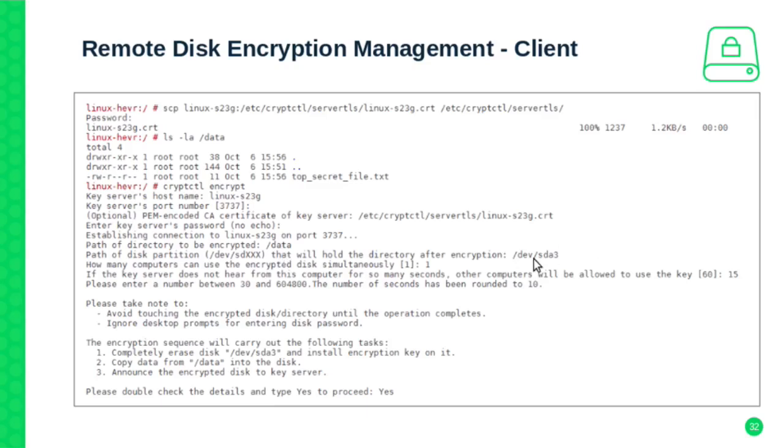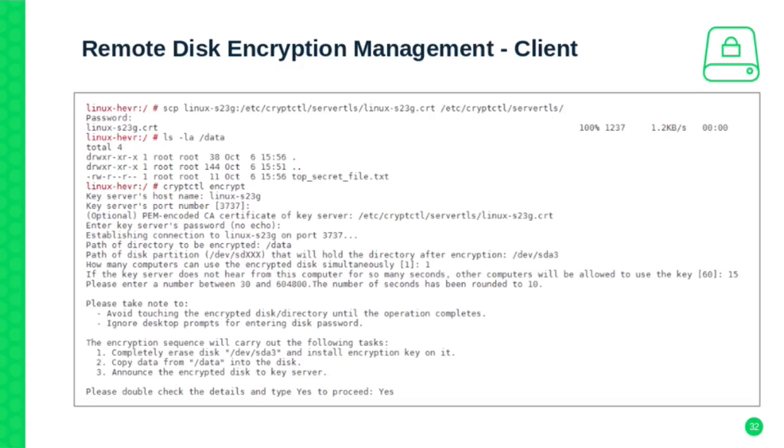I need to provide a partition which will be encrypted, which will hold the data later on. I need to provide a number of how many computers can unlock this partition remotely. The default is 1 because you want that partition to be unlocked by only one machine.